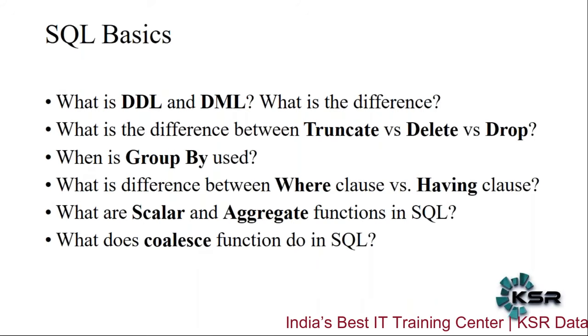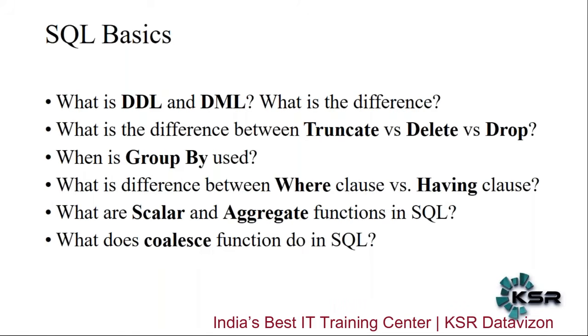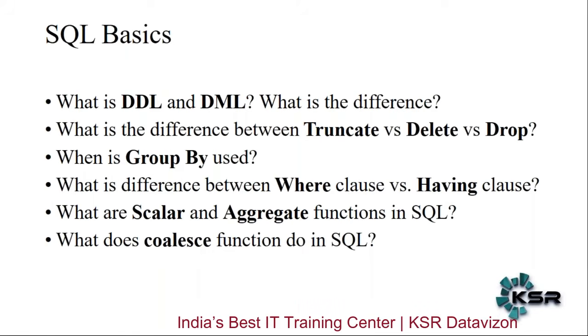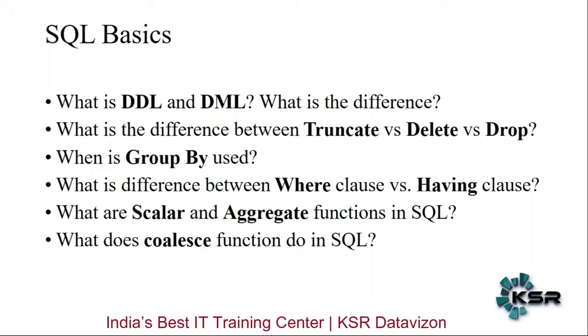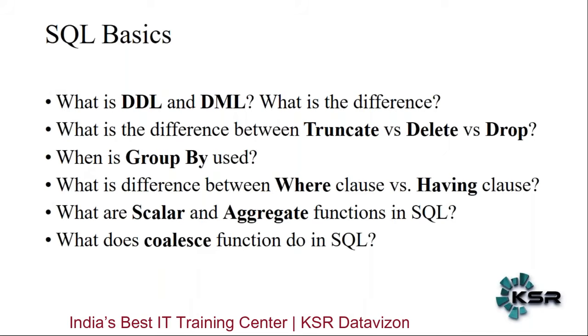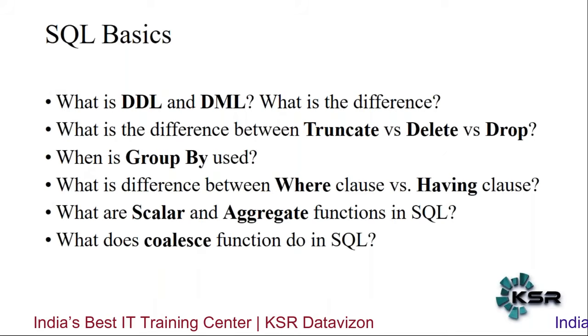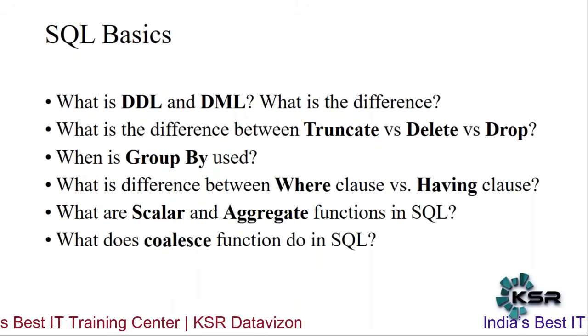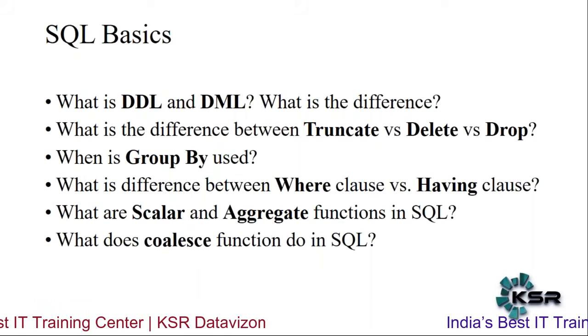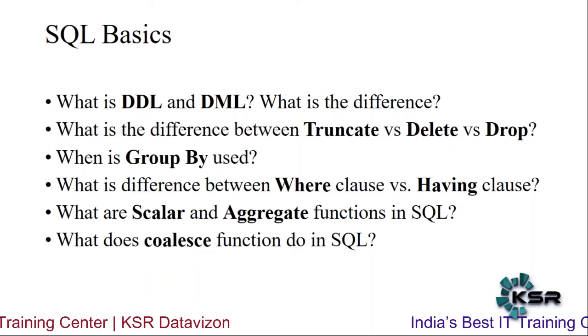If you take an average, do you think you can calculate an average for a null value? Not possible. So if you replace with 0, definitely you can go and take an average. So this function is very useful if you want to take an average for a column which has nulls. You replace it with whatever default value you want, and then you can apply the function. So this is a Coalesce function.